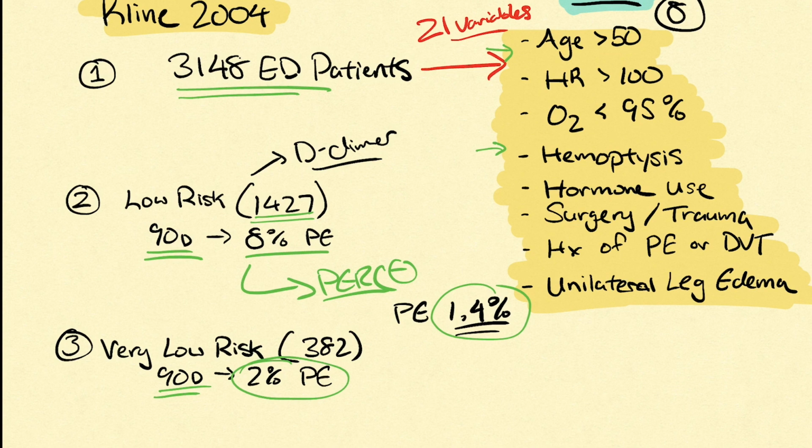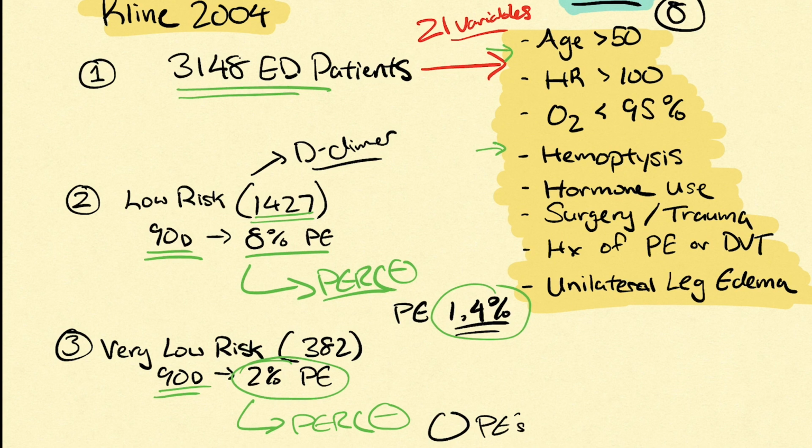They also then used the PERC rule on these patients. And when you look at that subset of patients, you had 0 PEs, right? So the PERC rule was able to exclude all PEs in a very low-risk population for clinical suspicion of PEs.